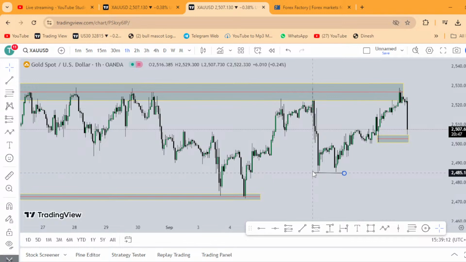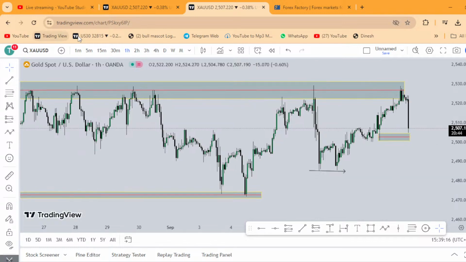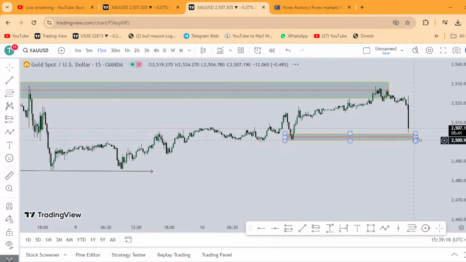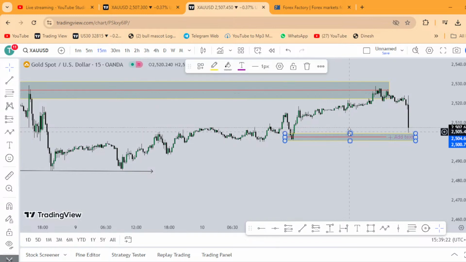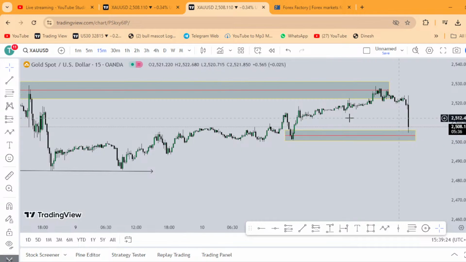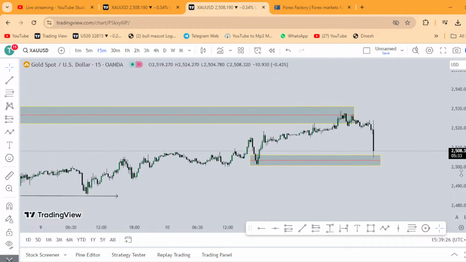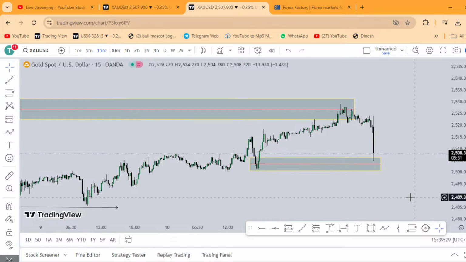But why have I marked this zone? When you come back on the 15-minute, you would see that there is an inside structure which might give some good push in case the market comes in and closes away, right? So you just need to see how the candlestick behaves. Thank you for joining. See you when you see me.